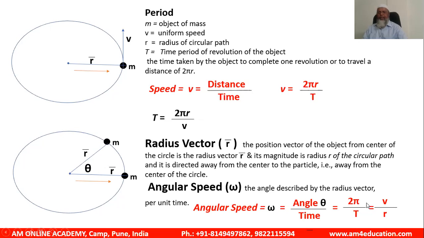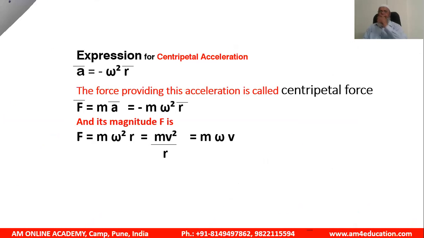If you multiply and divide both numerator and denominator by r, it becomes 2 pi r upon T, and 2 pi r upon T is nothing but v, upon r. So angular speed omega equals v upon r, or v is equal to r omega. These are the expressions for period, speed, angular speed, radius vector and all.